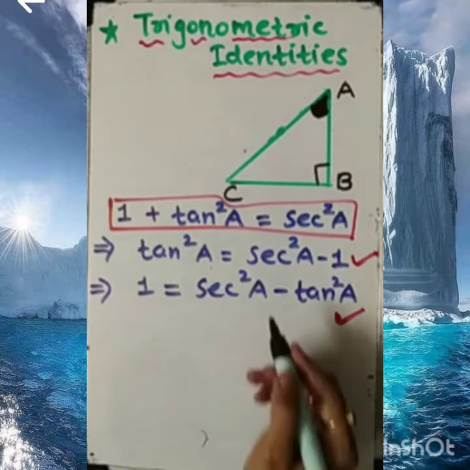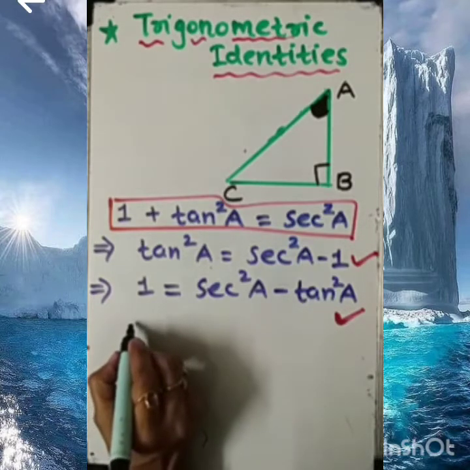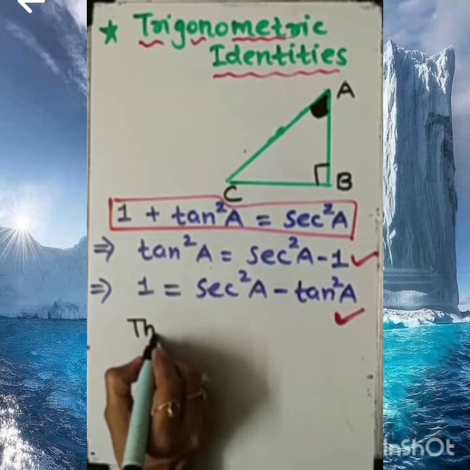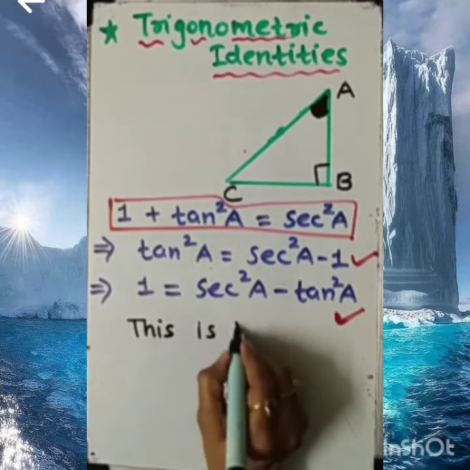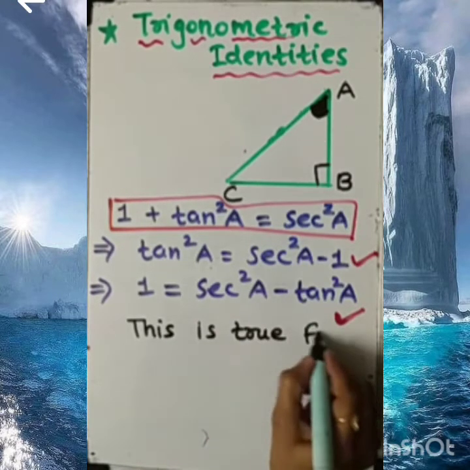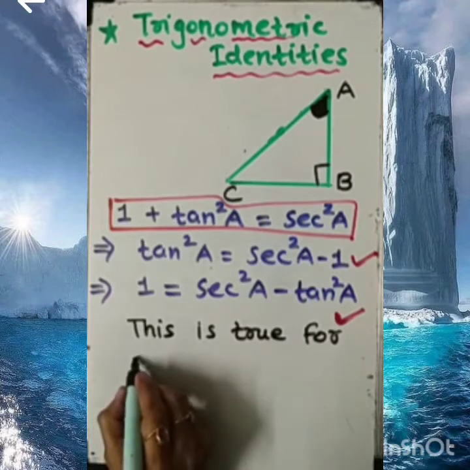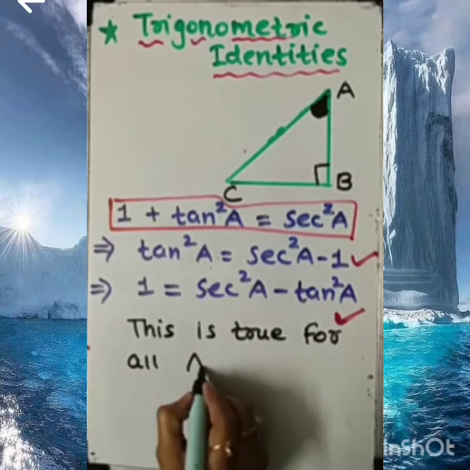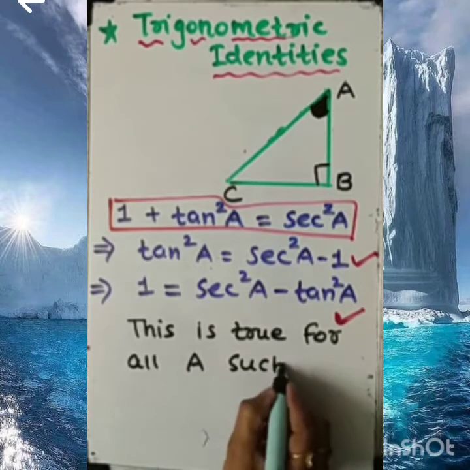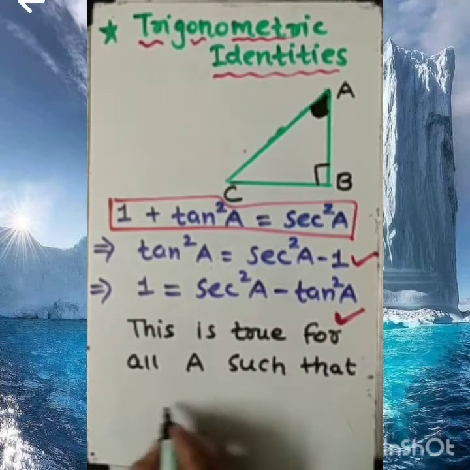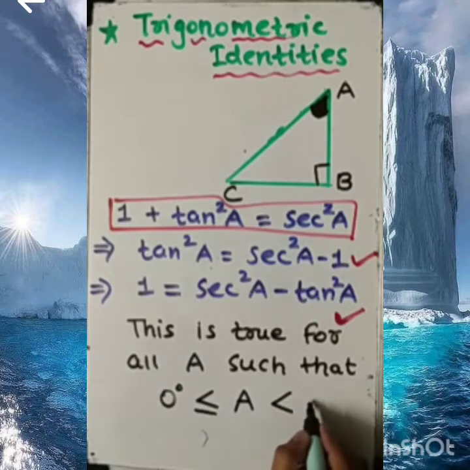Please keep this, it is a very important thing. This is true for all angle A such that 0 degree less than or equal to A less than 90 degree.